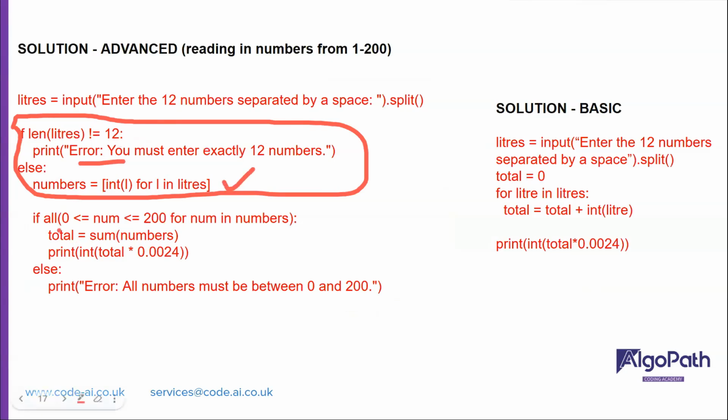Then in my for loop underneath, I have an if statement which checks to make sure that the number is between 0 and 200. If it's not, then it's going to give me an error. Now, this is quite a simple implementation of this system because there's no while loop here to keep looping around in case they enter a wrong number. The program will just terminate and say there's an error in this case. But it's still more advanced, as you can see, than the very basic one over here.